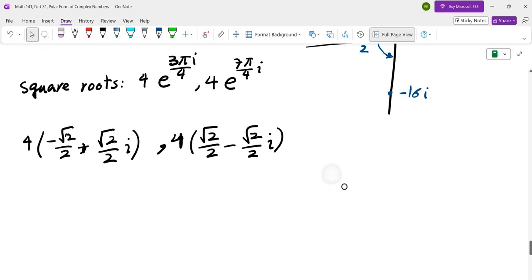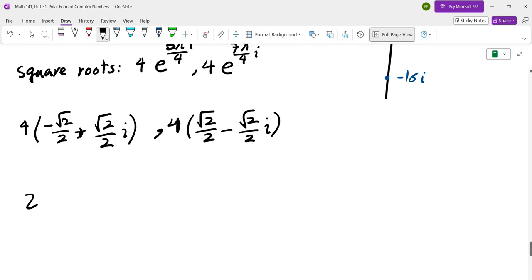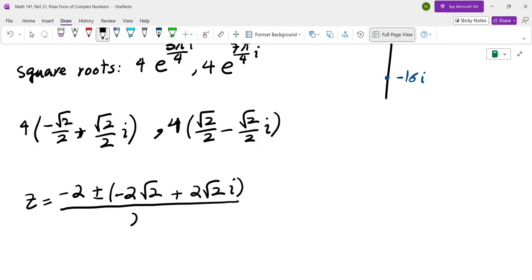Now we'll have to take these and plug them into the formula. We get z equals minus b plus or minus these two things, but in fact these two are just negatives of each other. The second one is the negative of the first one. So we can just replace one of them. So we get negative 2 plus or minus 2 root 2 plus 2 root 2 i, all of that over 2.